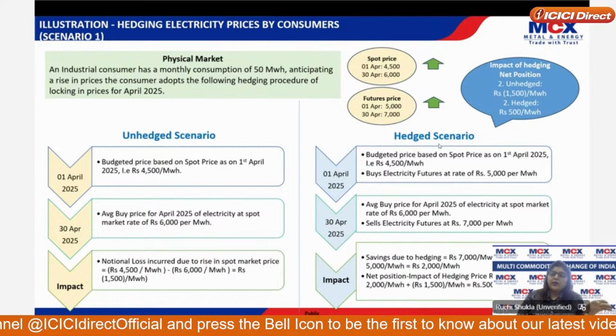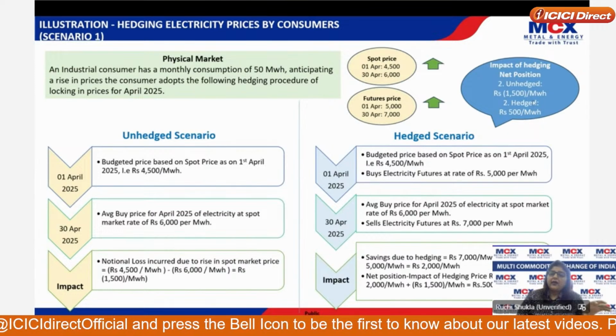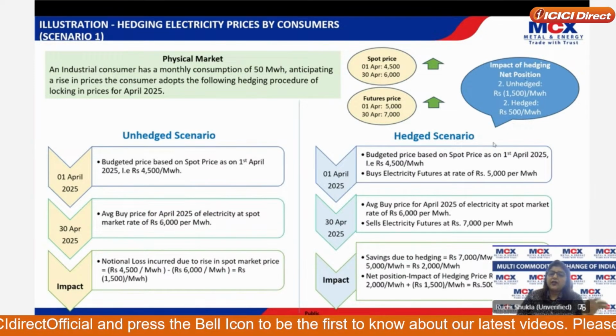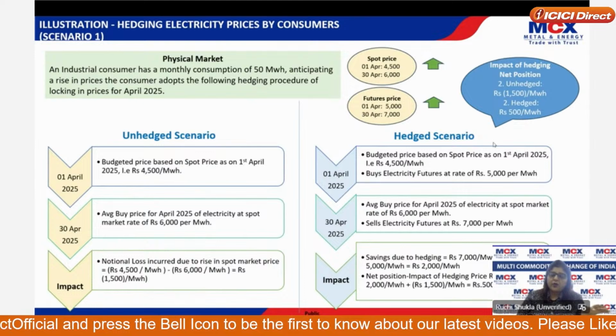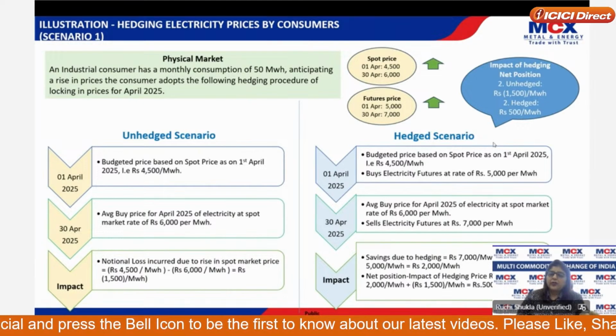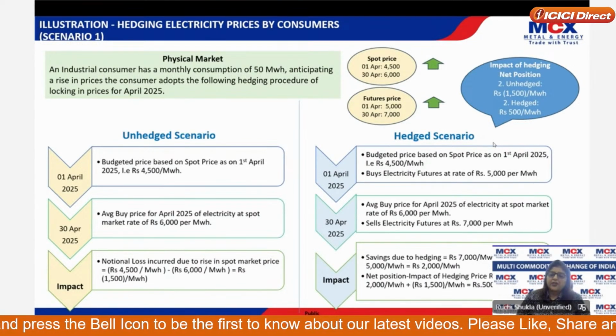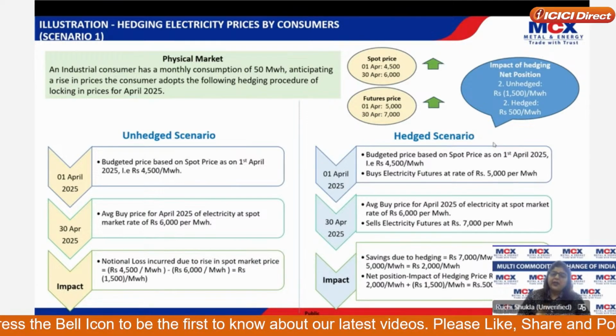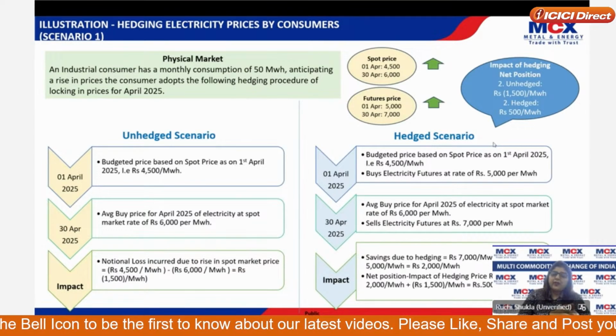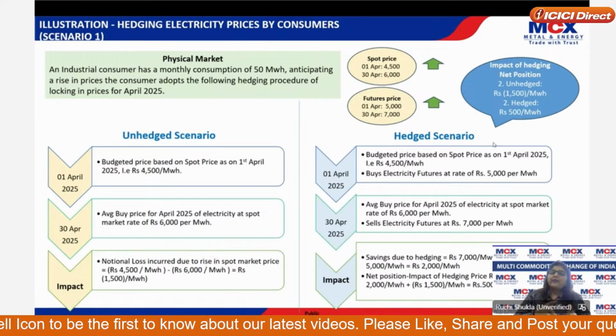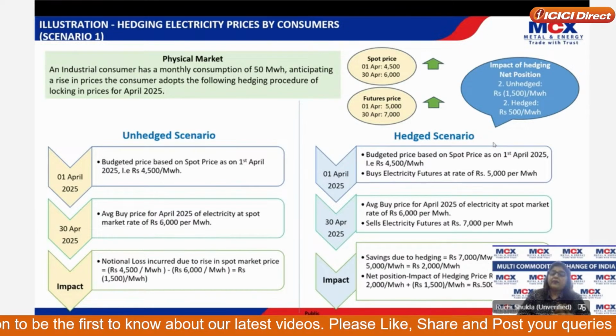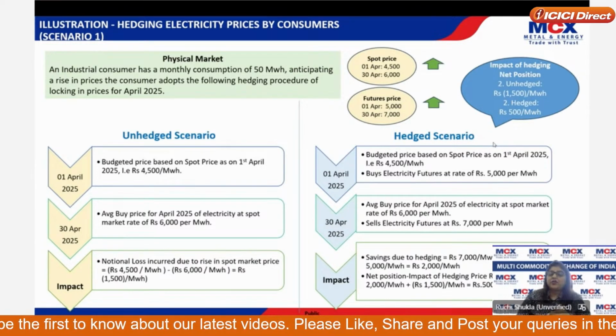In the spot, when I was in an unhedged position, I was facing 1,500 per megawatt hour additional cost. When I'm hedged, I'm gaining 2,000 rupees, minus the 1,500 increase in the cost, so I have a gain of 500 per megawatt hour. That's my net position.